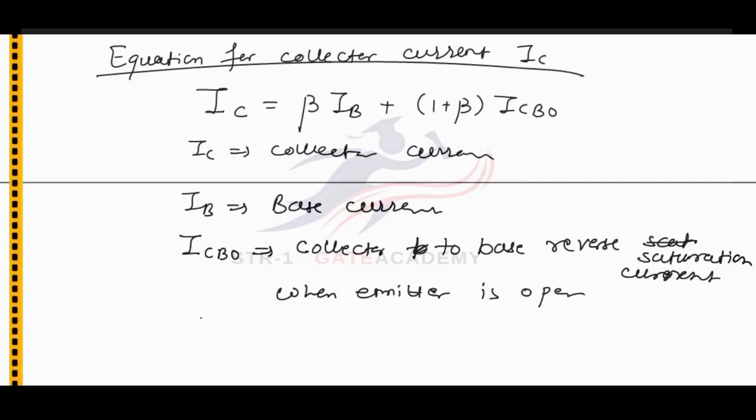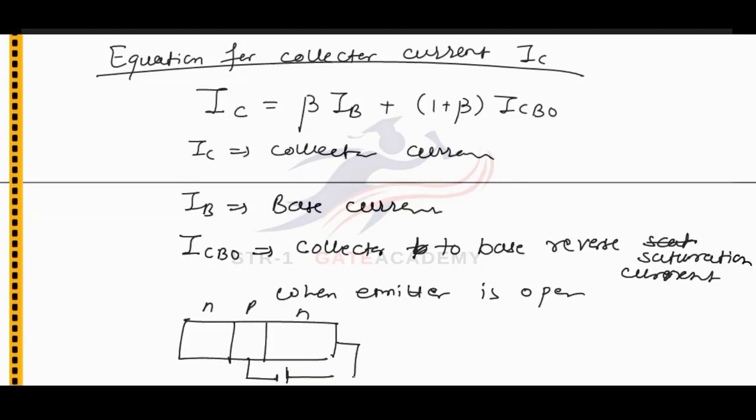So this is the current when emitter terminal is not biased, and for this NPN transistor, if we bias this particular junction in reverse direction, then the current flowing will be ICBO. Emitter is not biased in this particular case.